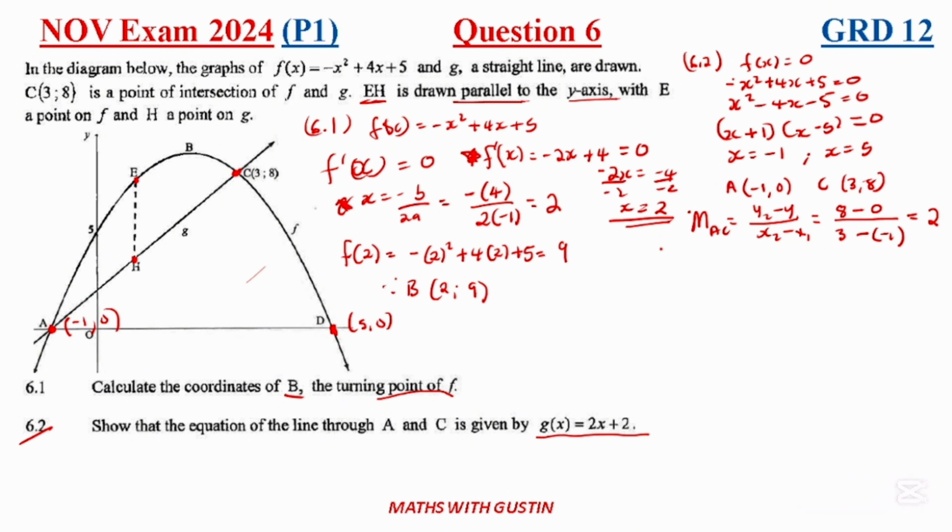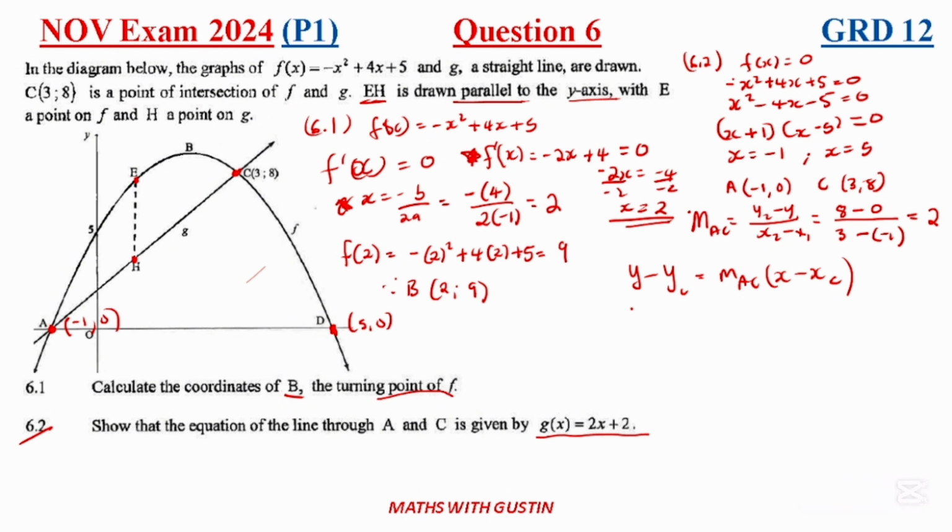So now you can come here and use the equation of a straight line: y minus y1 is equal to m times x minus x1. I'm using the point C because C was given, guys. If you want to use the other point, you need to be 100% sure that what you did is correct.